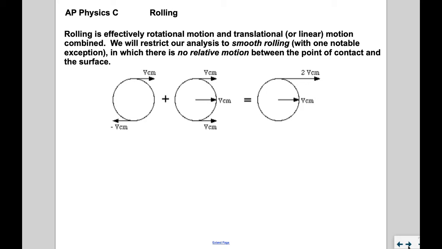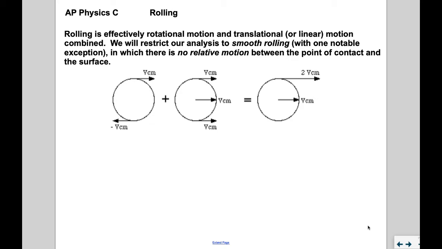So if we consider this object that we see on the screen rolling to the right, the point where the object has contact with the surface is not sliding left or right relative to the surface. Now what we see is that there's a combination.